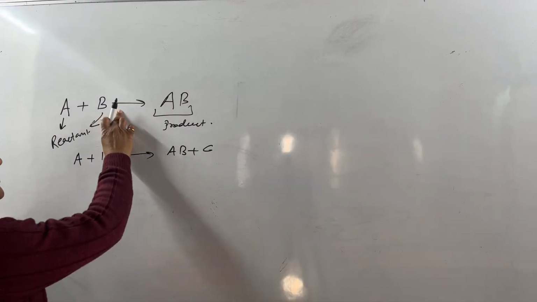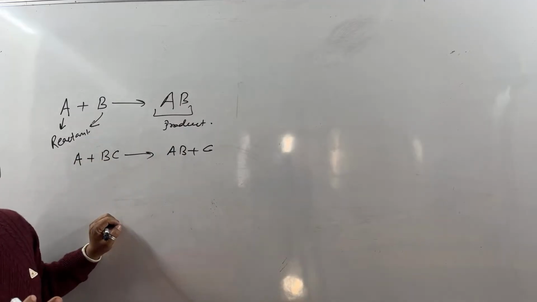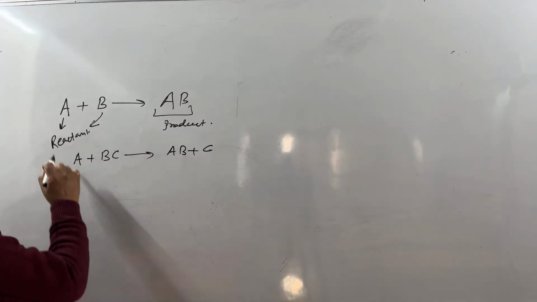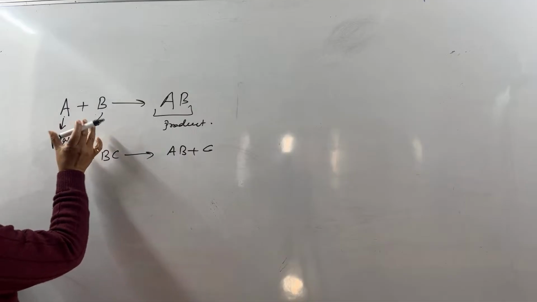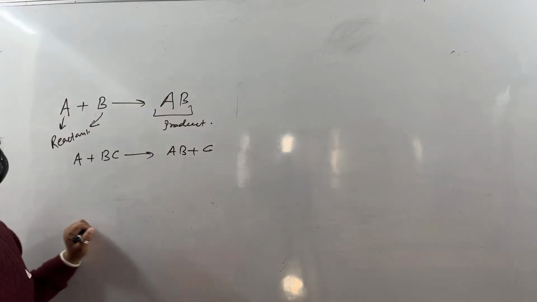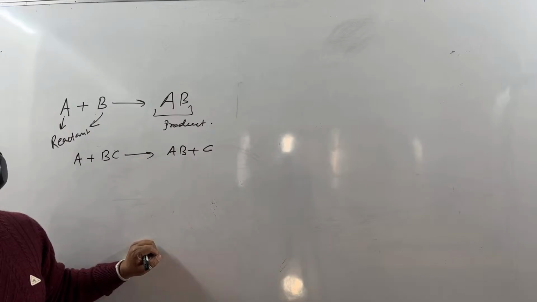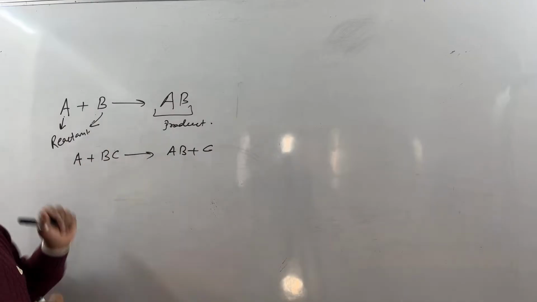So in the first reaction and the second reaction, what is the basic difference? The basic difference is this: here A and B are combined to make AB.